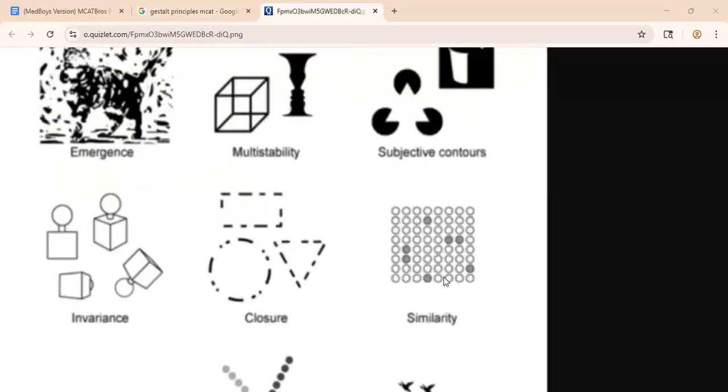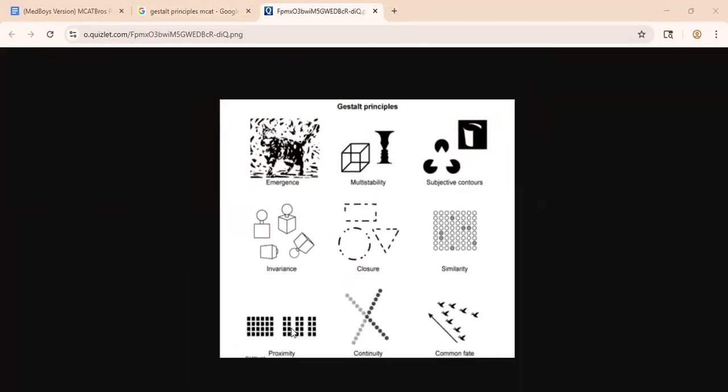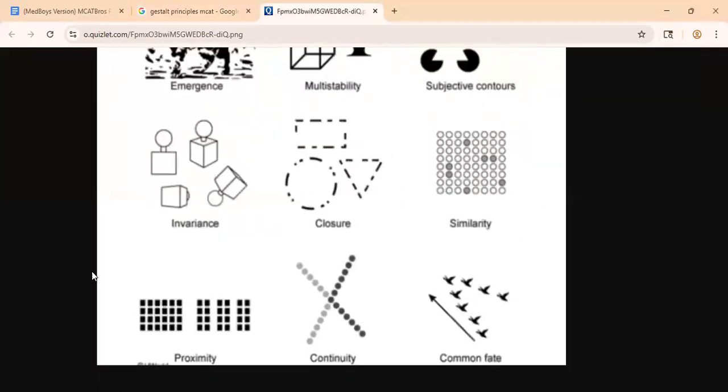You have similarity. I think it's important to pay attention to similarity compared to proximity because they often get confusing. You can see how we have proximity where the shapes in the box are literally the same color.